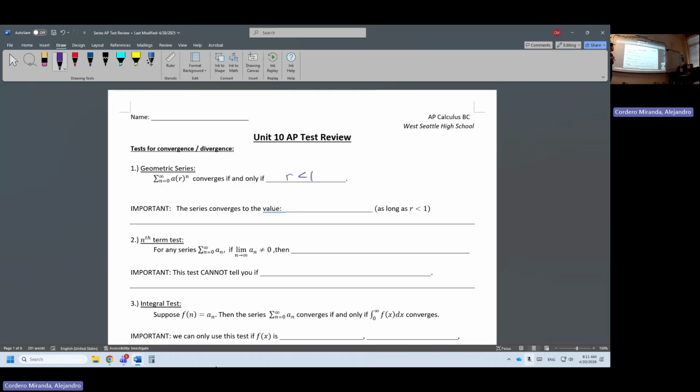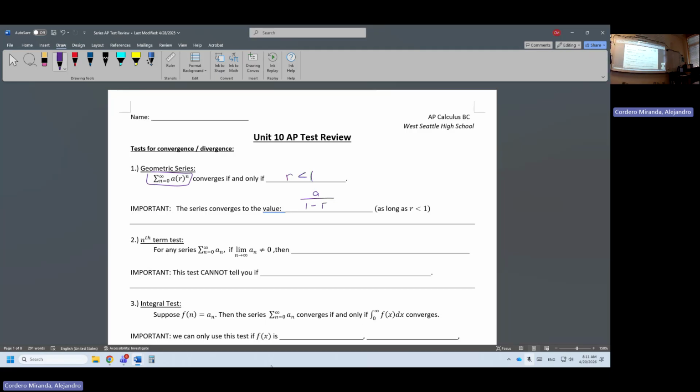Then to say what the series converges to, I would be impressed if you remembered. If you add all these to infinity, do you guys remember the formula for what that converges to? Yeah, it's been many. Wow. Is it A over 1 minus R? Wow, that was really good. If the sum is written like this, then this sum will converge to A, the first term, over 1 minus R. Wow, nice memory, man.